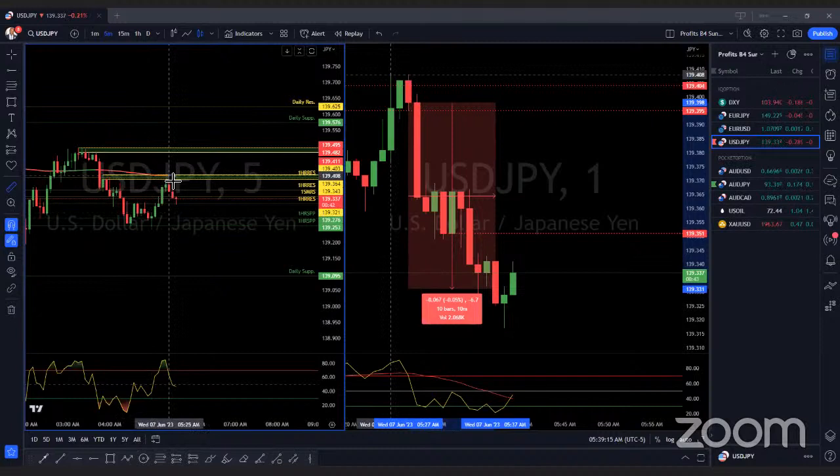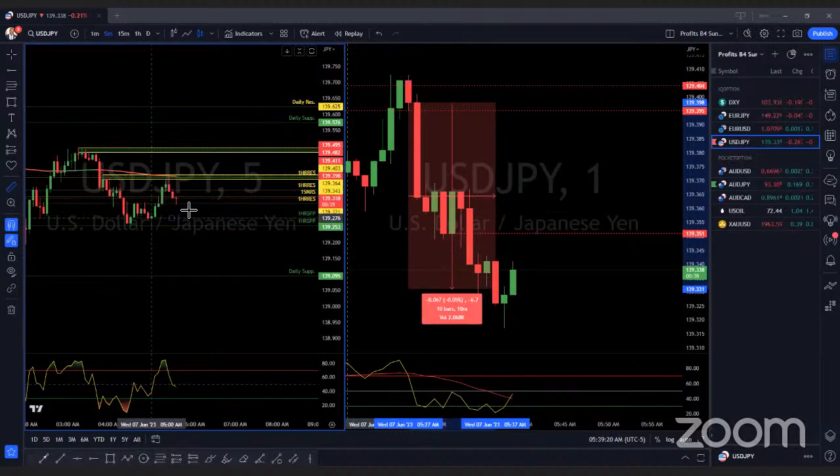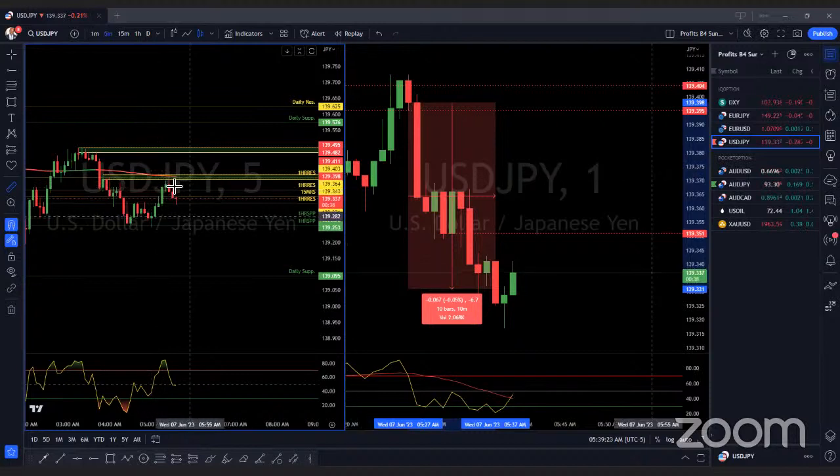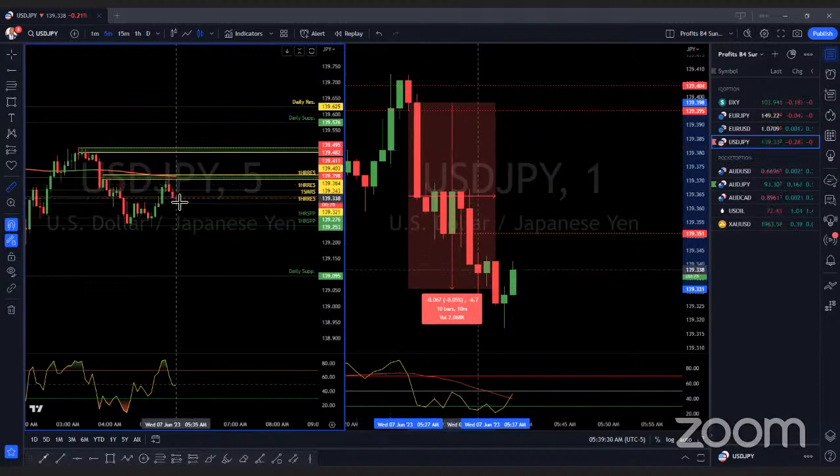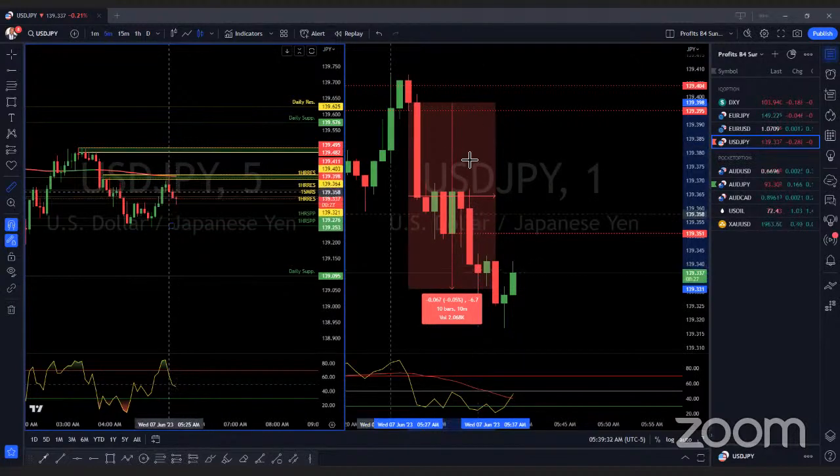So the momentum started to shift from being upwards to downwards. Once this candle came in, that was the momentum coming in. And so I just continue with the momentum onto the next candle. That's all. So I saw that coming into it.